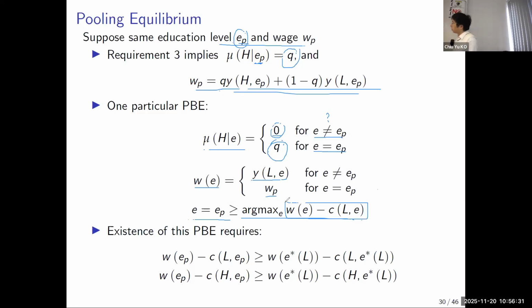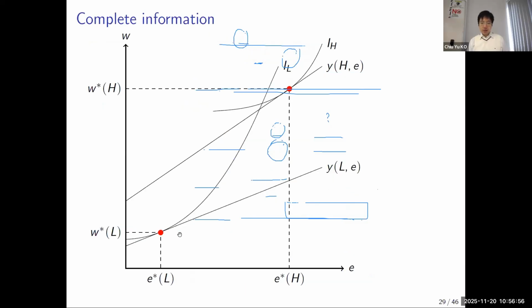It cannot be lower than the low type's, because otherwise the low type would do otherwise, right? Because of optimality for the low type, and because of the shape of the indifference curve, you cannot be less than the E star L of the low type. So you can't go below E star L, right?